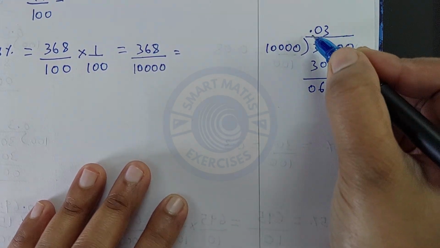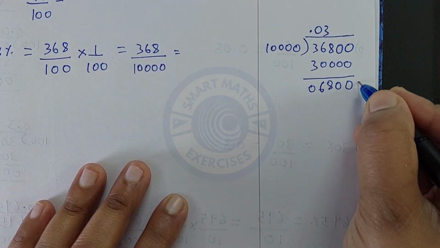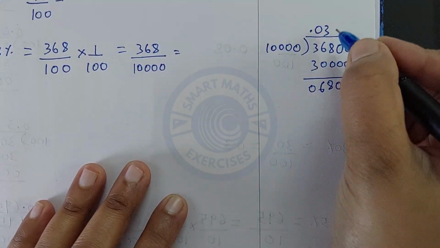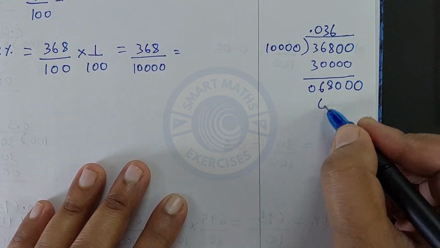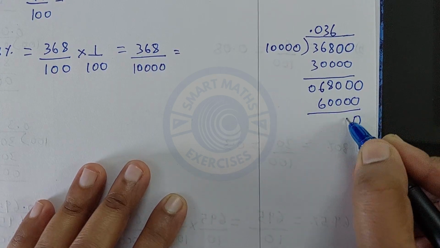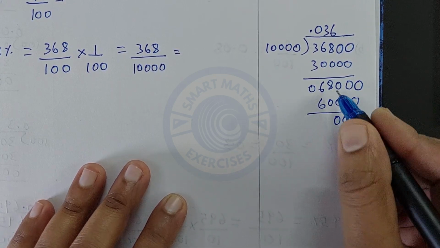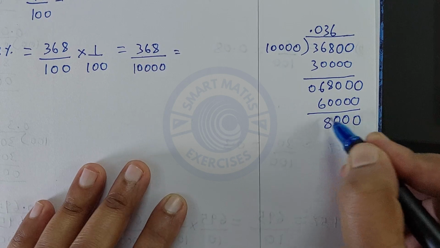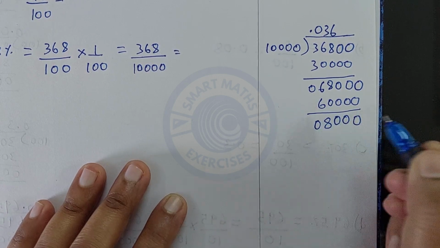Now again, since we have a decimal point, we add a 0 here. 10,000 sixes are 60,000. 8 minus 0 is 8. 6 minus 6 is 0.